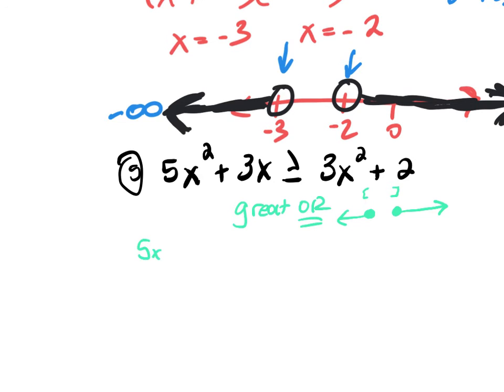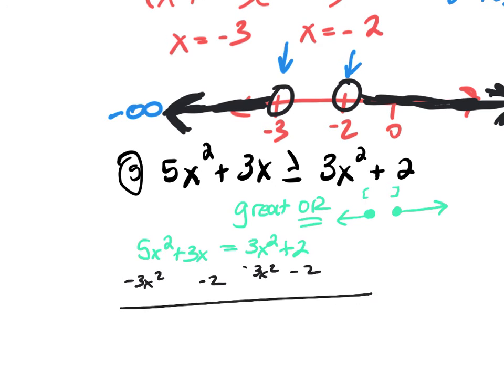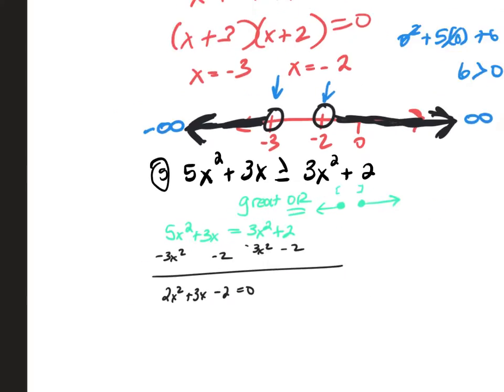This is 5x squared plus 3x equals 3x squared plus 2. I want to get everything on one side. So I'm going to subtract 3x squared from both sides. I'm going to subtract 2. So I have 2x squared plus 3x minus 2 equals 0.